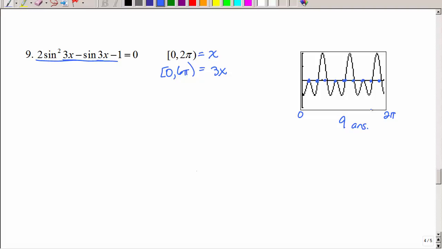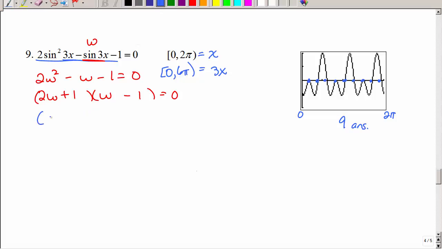It's not that difficult. You should notice that it's quadratic in nature. So if I substitute w here, that's going to be 2w squared minus w minus 1. I could factor that, thank goodness. I think that works.